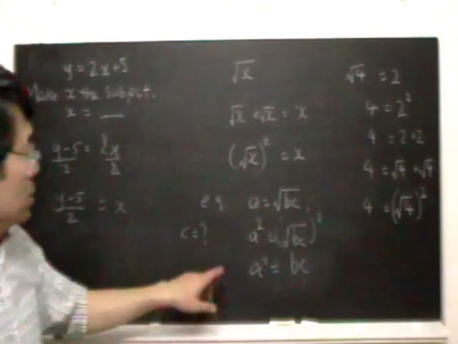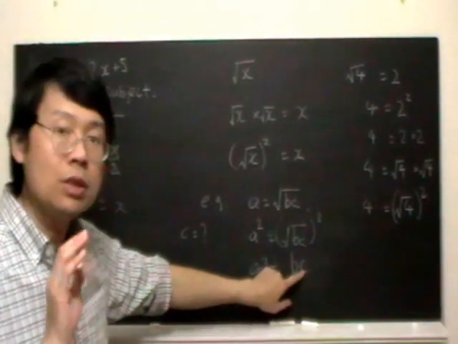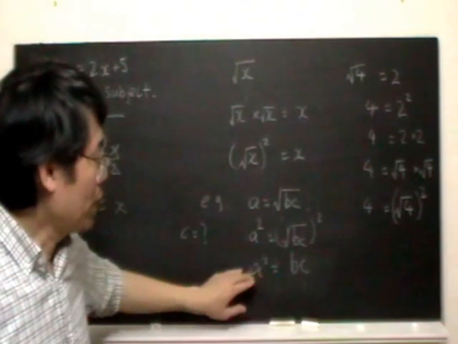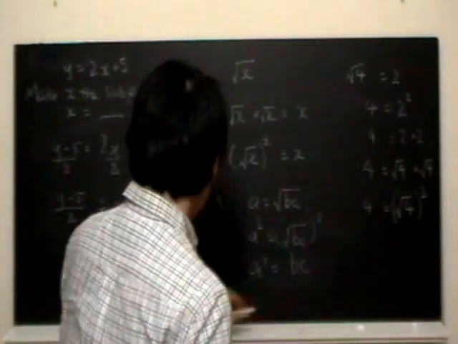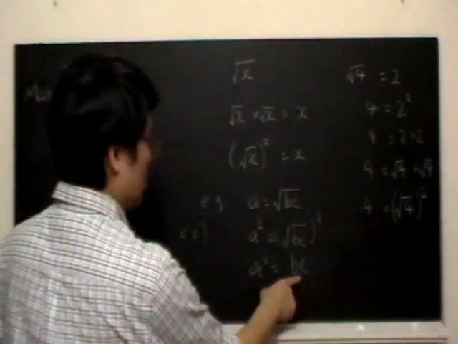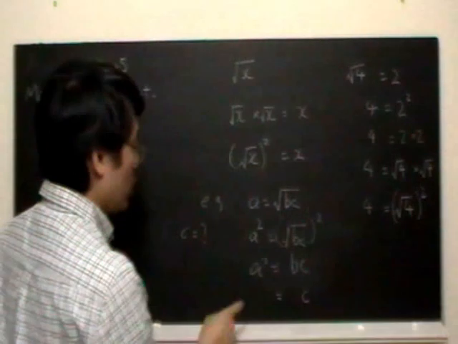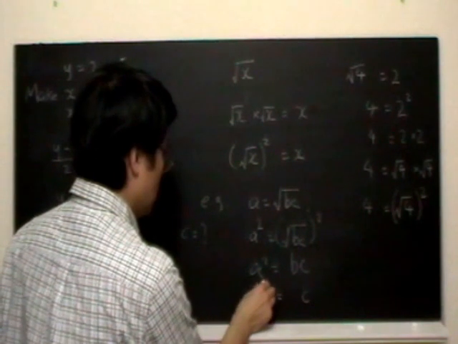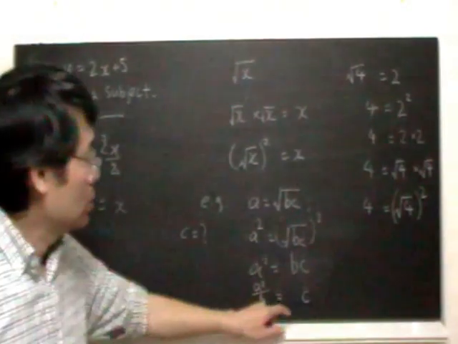We now want to make C the subject. The right side is B times C. We only want the C on one side, not the B. So get rid of the B. To get rid of the B, we divide both sides by B. So if you do that, if you divide the right side by B, the B cancels and you're left with C. If you divide the left side by B, you have A squared over B. So that's the answer.